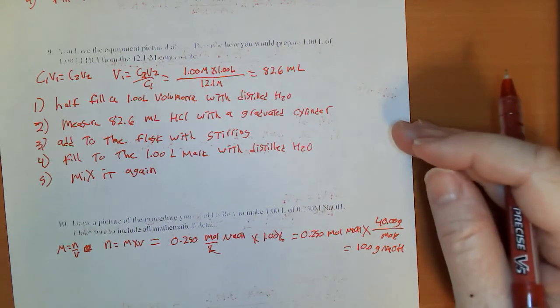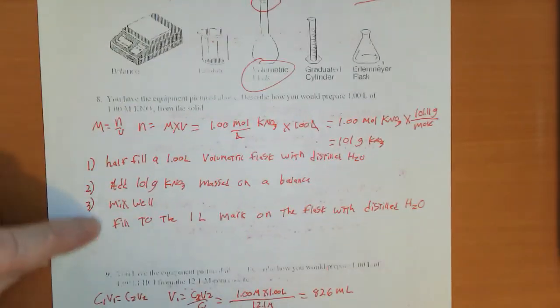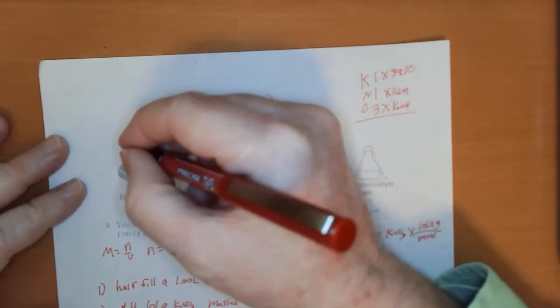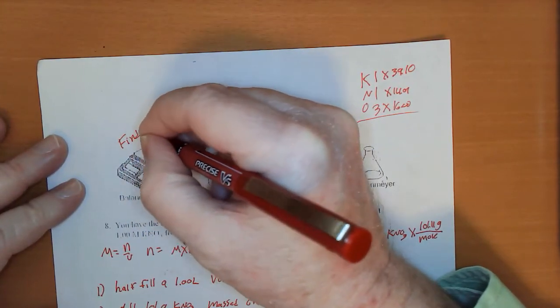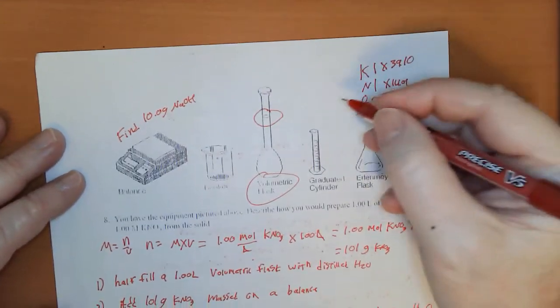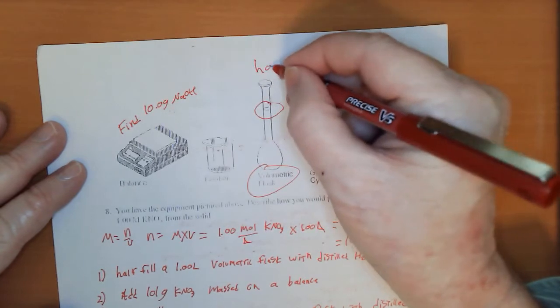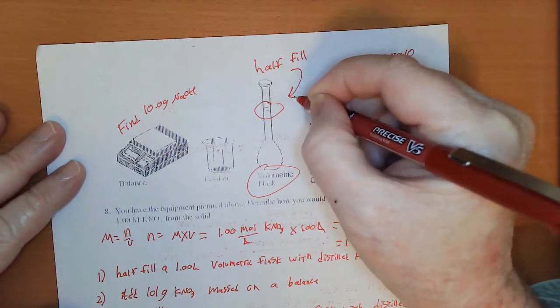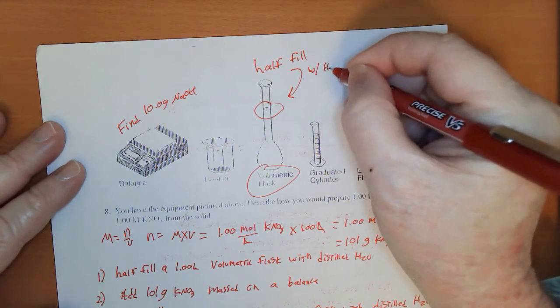Now, we're going to follow these same steps right here, but I'll use the diagrams up there. Find 10.0 grams NaOH. Okay? Half fill that with the water.